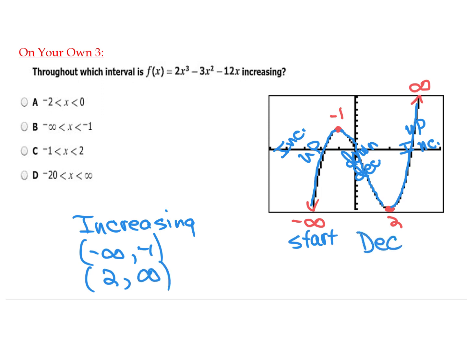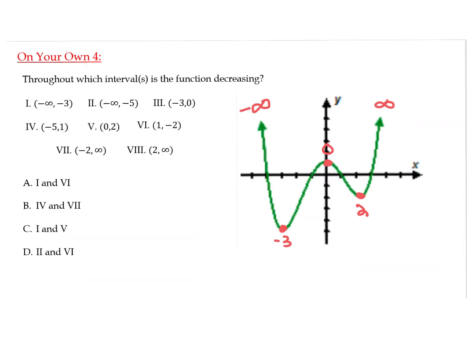Decreasing intervals would be from negative 1 to 2. All right, so if I'm picking the correct answer, these are not written in interval notation, but I can take the information that I have and apply it to this. Therefore, x is between negative infinity and negative 1 would be the increasing interval.